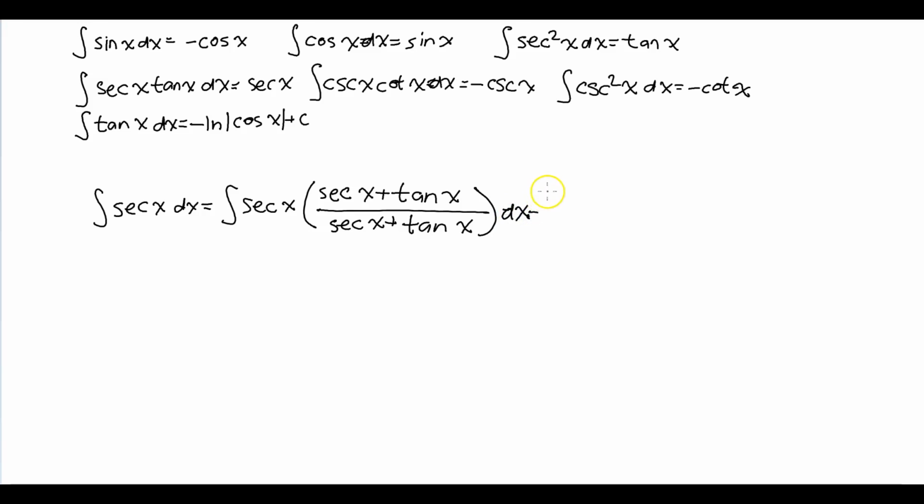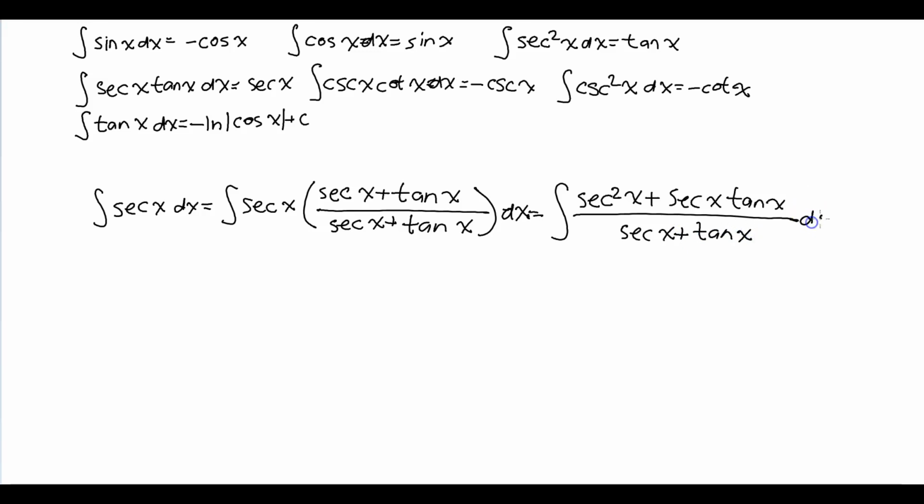But what this does effectively is create a situation in which it's ideal to use u-substitution. Because if we distribute secant of x to the numerator, look what we get. We get two very familiar looking derivatives, and on the bottom, we get their antiderivatives. So we have an ideal situation we created for u-substitution.